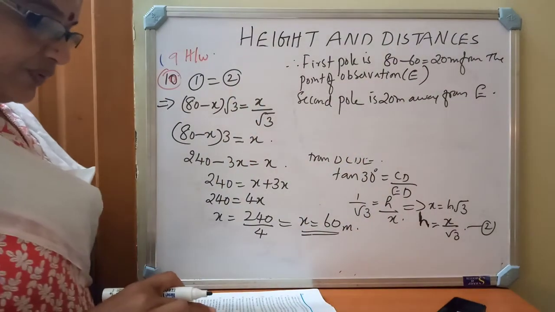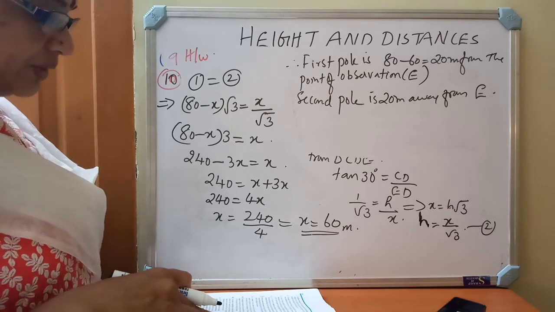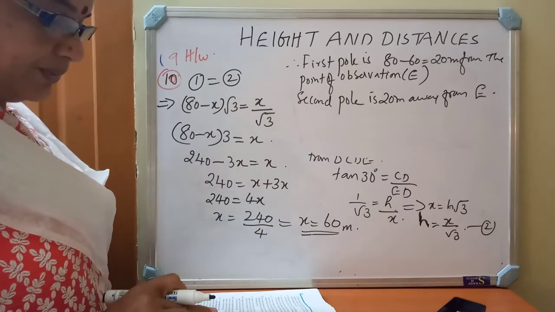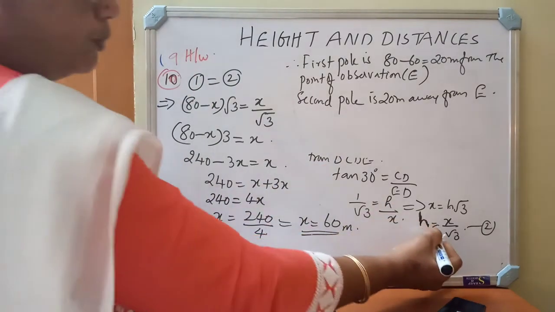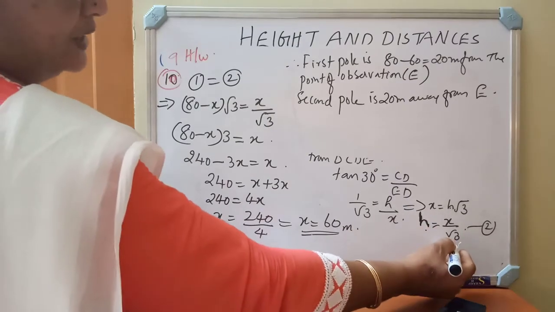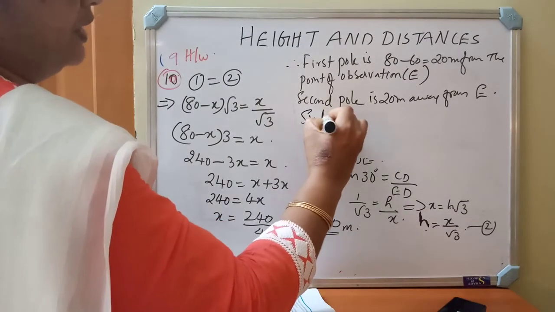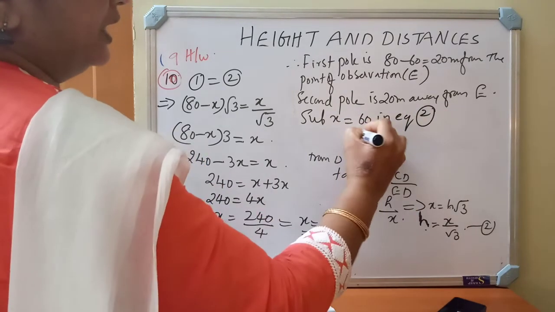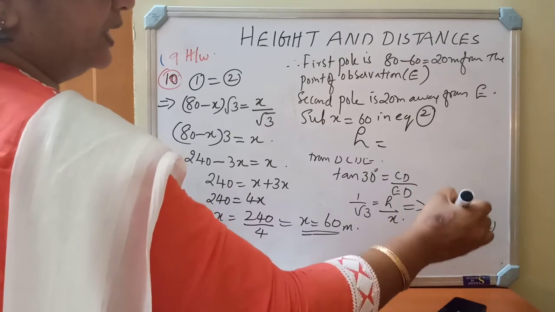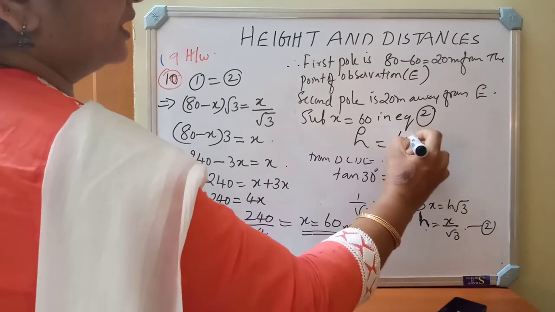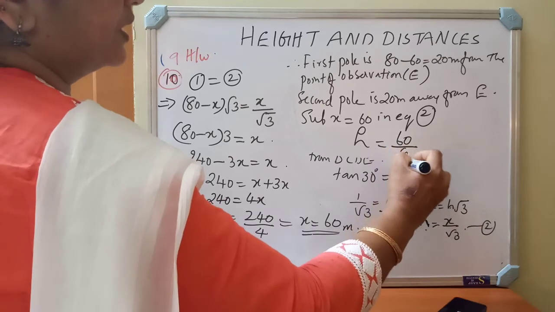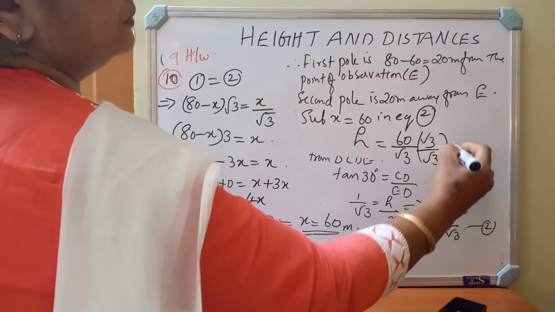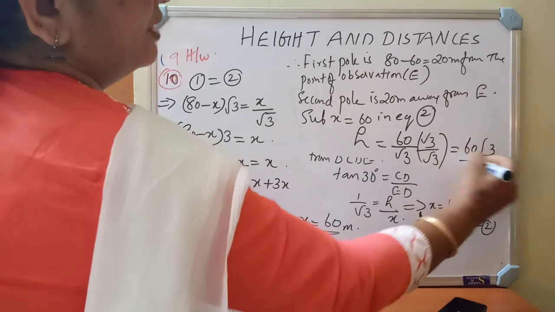Then the question says find the height of the poles and the distance of the point from the poles. The distance of the point from the poles is finished. Next we must find the height of the pole. Substitute x is equal to 60 in equation 2: h is equal to x by root 3, that is 60 divided by root 3, which is 60 root 3 divided by 3.